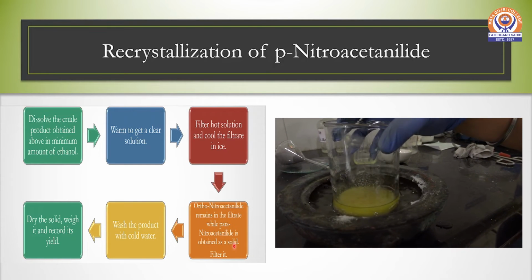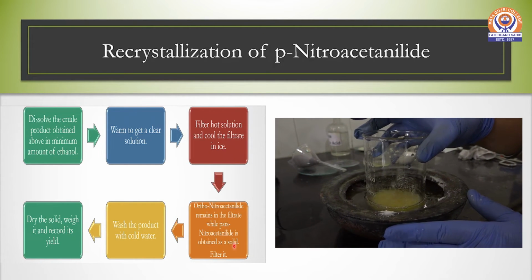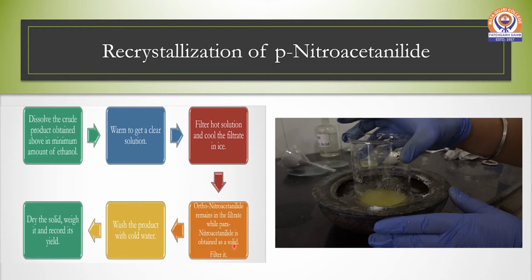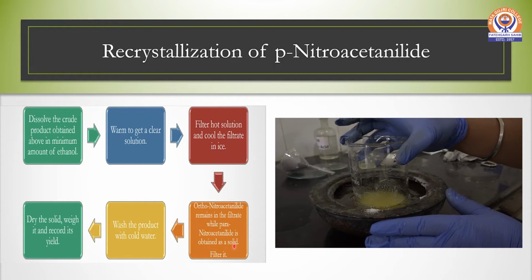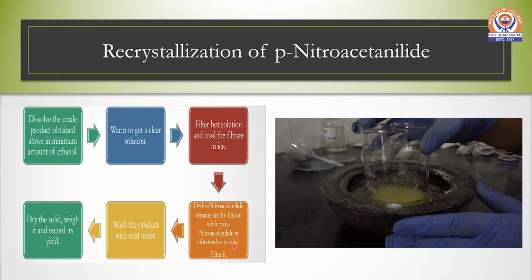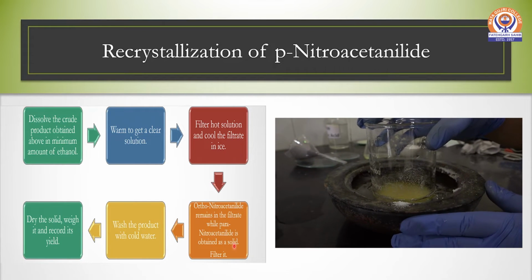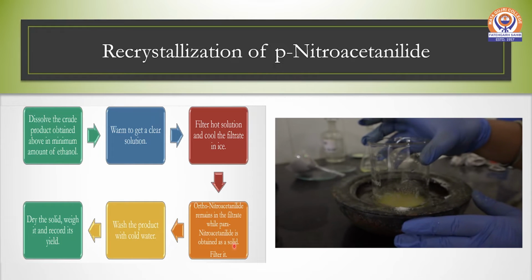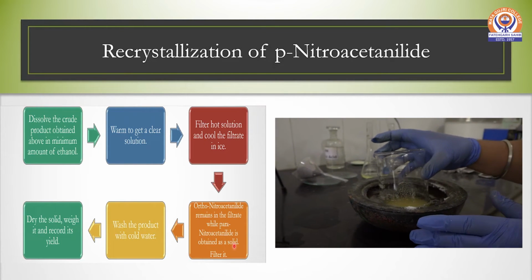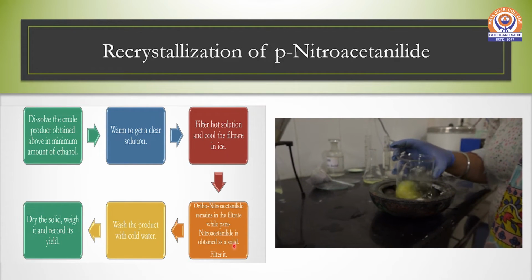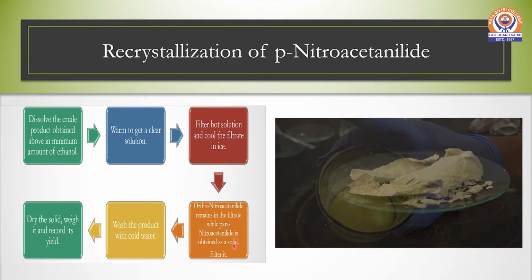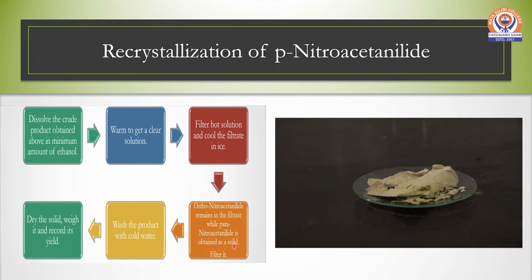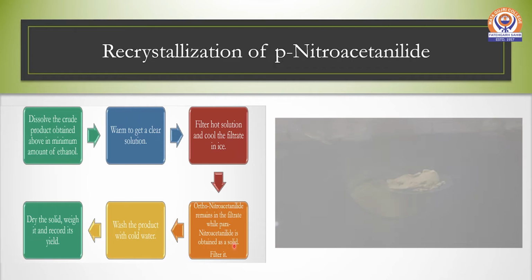The orthonitroacetanilide will remain in the filtrate while the para-nitroacetanilide is obtained as a solid, and we will filter it. We will wash the product with cold water, dry the solid, weigh it and record its yield. So this is how the product will look after recrystallization.